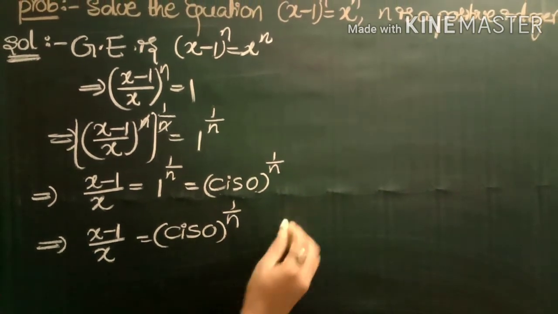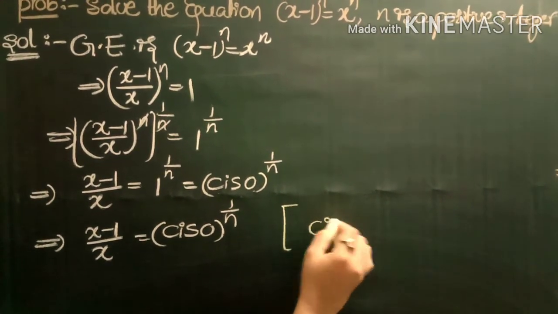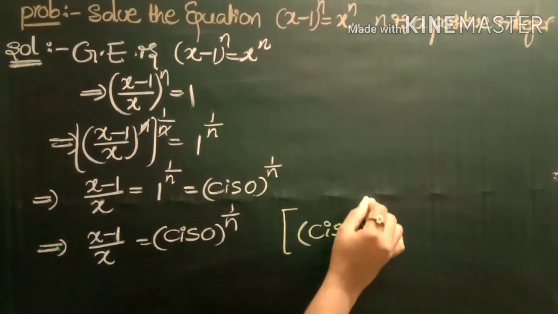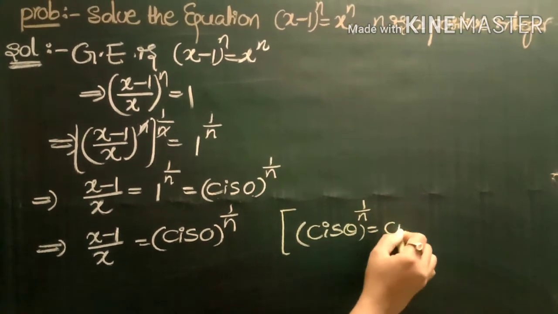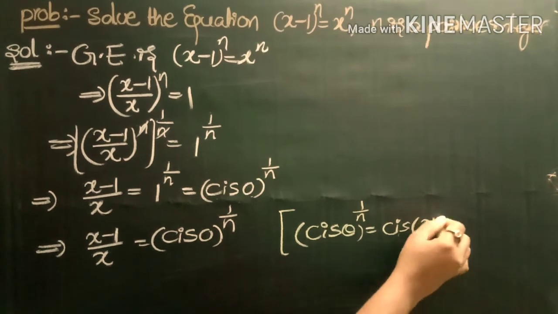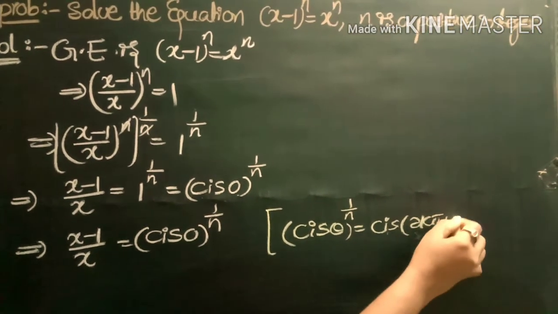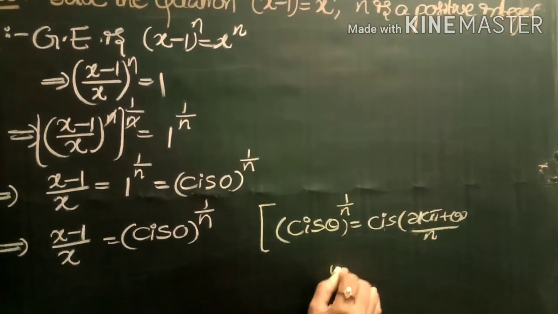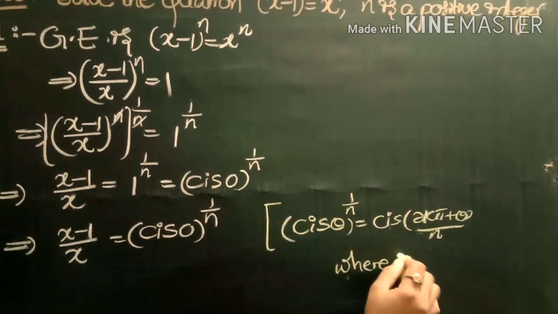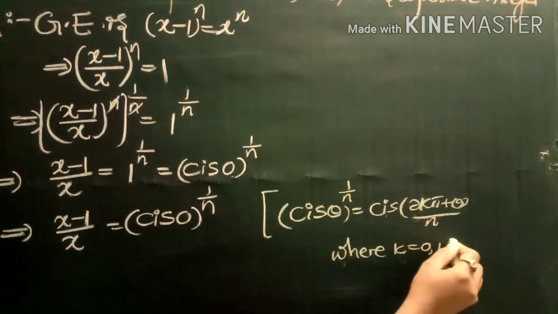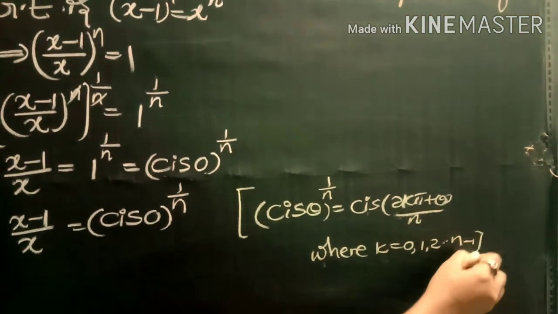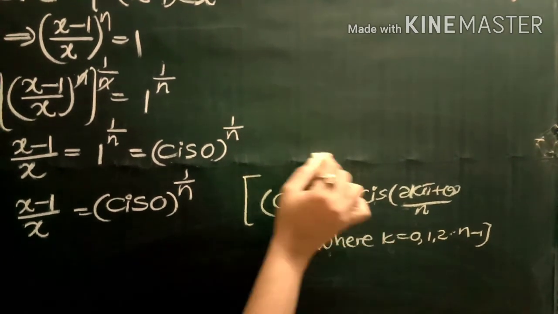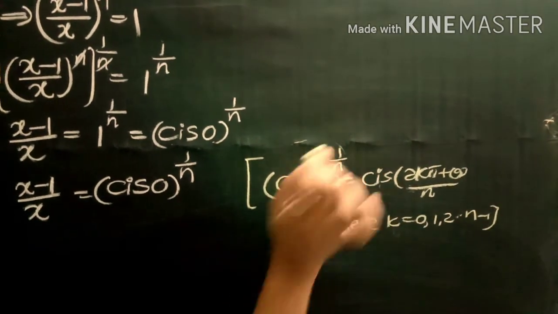The formula for all values: (cis theta) to the power 1 by n is equal to cis of (2k pi plus theta) by n, where k is equal to 0, 1, 2 and so on up to n minus 1. This is the formula for finding all values of (cis theta) to the power 1 by n.